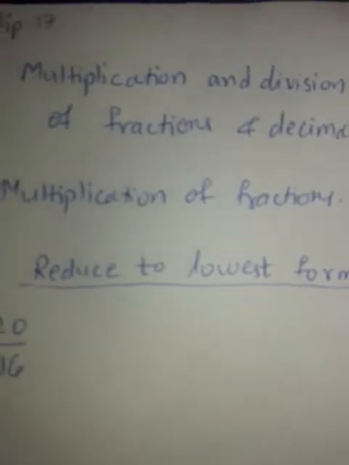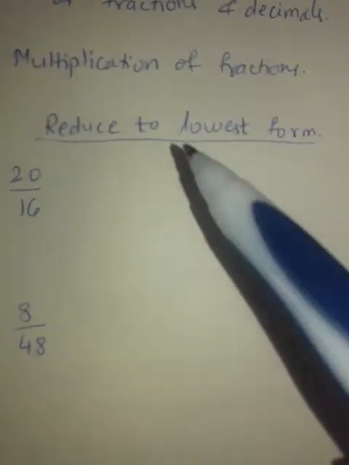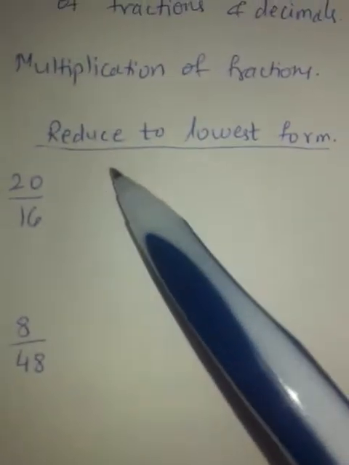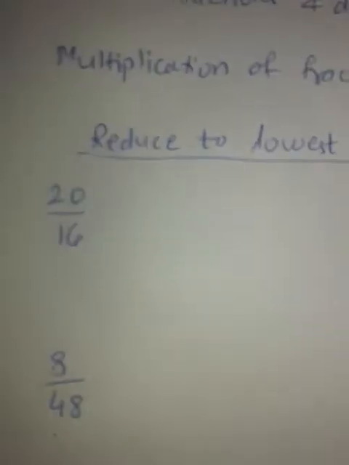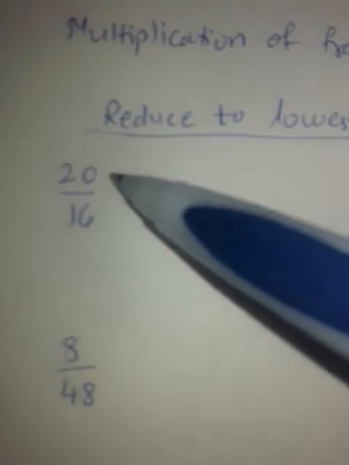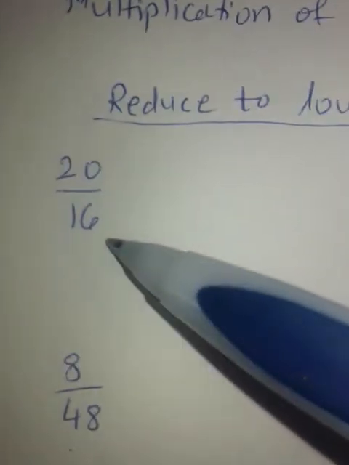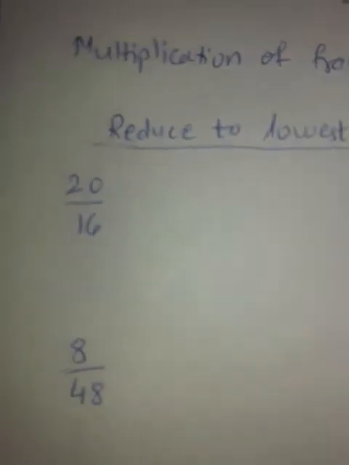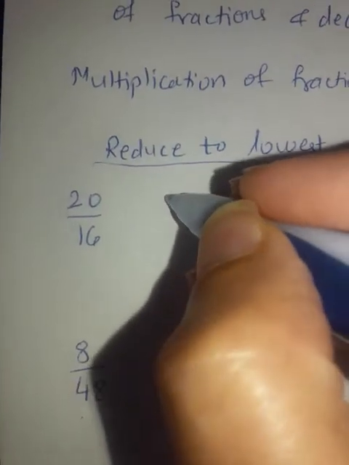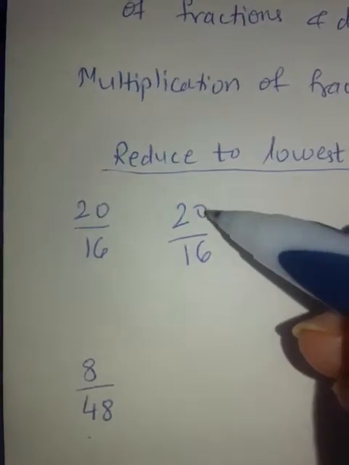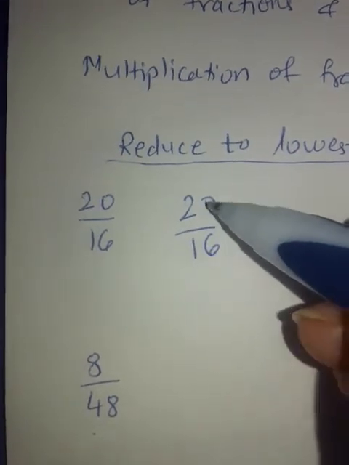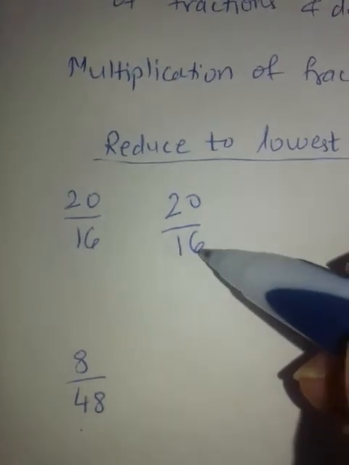So let's begin. First, let us understand what we mean by reduce to lowest form. It's very easy actually, and I'm sure everybody remembers it. 20 upon 16. How do we reduce it to the lowest form? We observe that both these numbers, numerator and denominator, are divisible by 4.